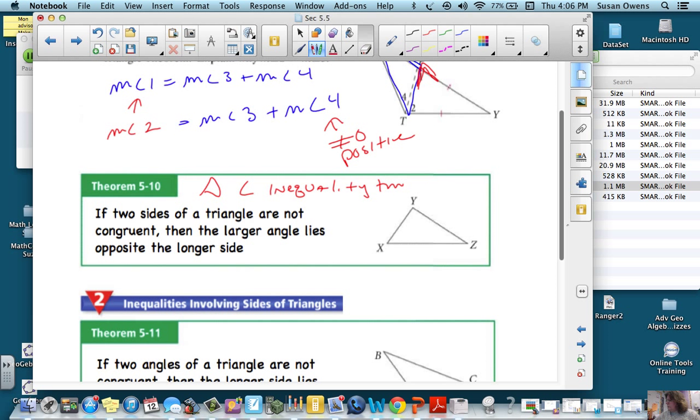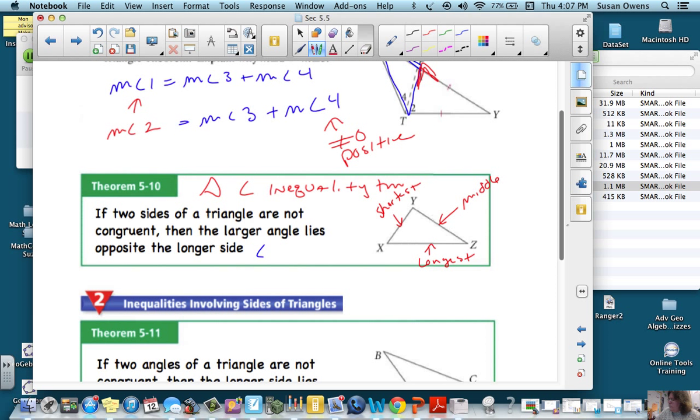Even though you can see this one's the shortest and you can see the middle, I'm just going to label these. This is the shortest. This is the middle. And this is the longest. Based on this, the shortest angle should be across from the shortest side.